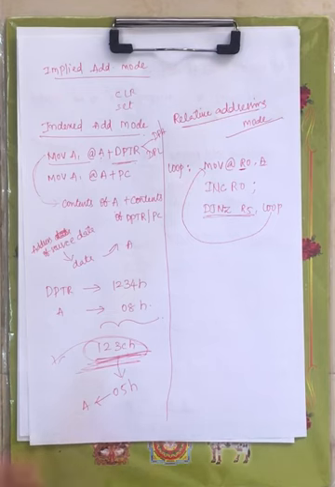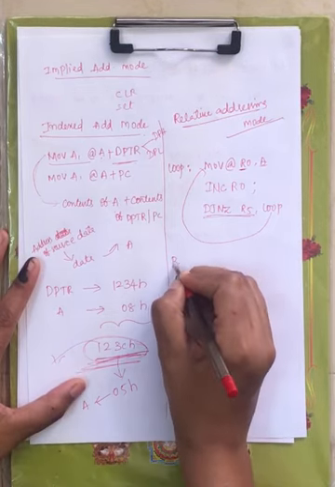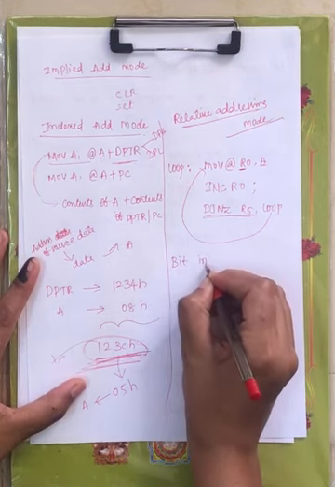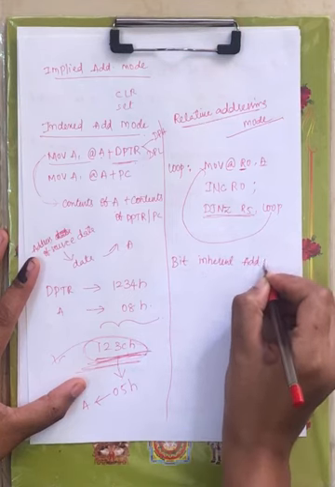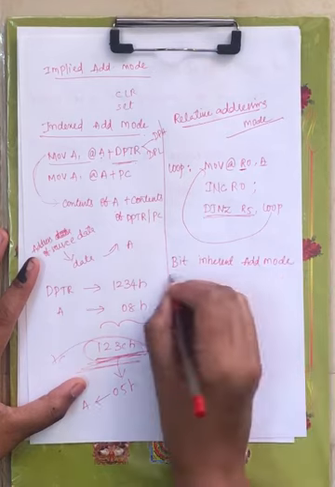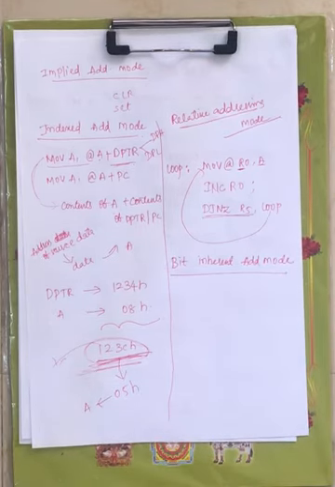Now, coming to the next addressing mode, you have bit inherent addressing mode, right? It contains a flag operand, a single bit. You have the flag register under your 8051: carry flag, parity flag, sign flag, right?